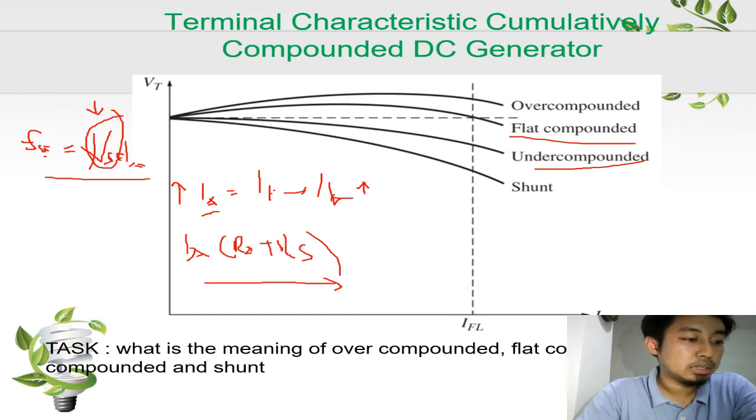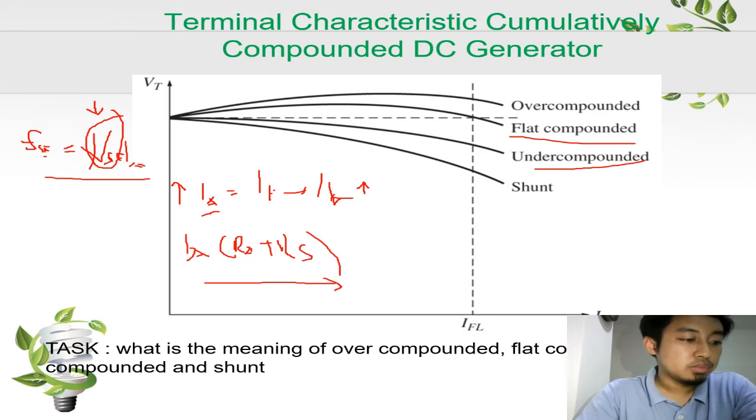However, as the load continues to increase, magnetic saturation sets in, and the resistive drop becomes stronger than the flux increase effect. So the terminal voltage first rises and then falls as the load increases.